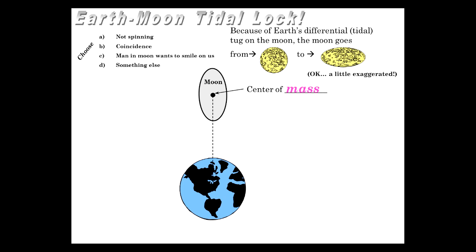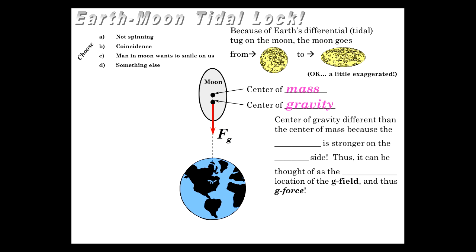Because of that inverse square law, it's not linear. It places what's called the center of gravity in front of the center of mass, or toward the Earth. So this is where we can think of the Earth tugging on the moon. Effectively, it's exactly true.